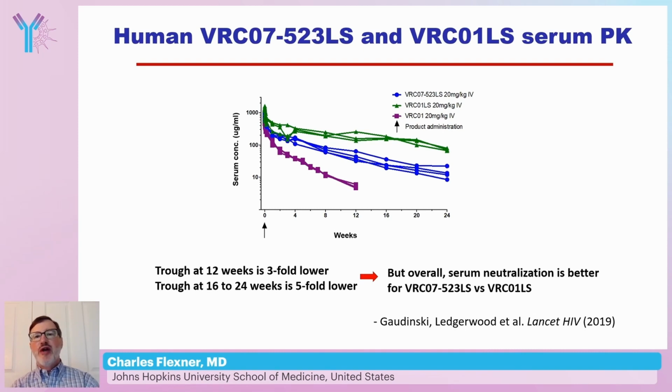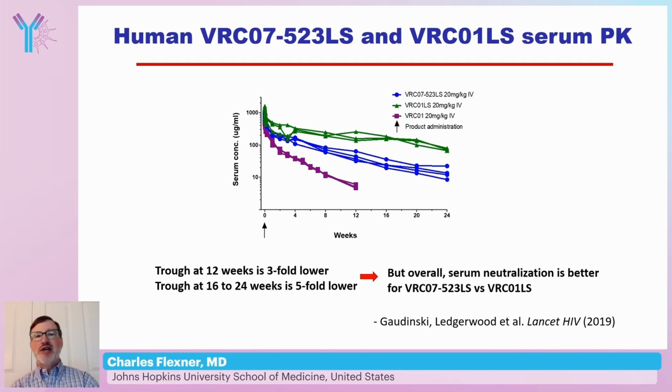Interestingly, another related monoclonal antibody, VRC07, with the same LS mutation in blue, did not have nearly as much of a pharmacokinetic benefit, and it has lower concentrations over time and a shorter apparent plasma half-life.